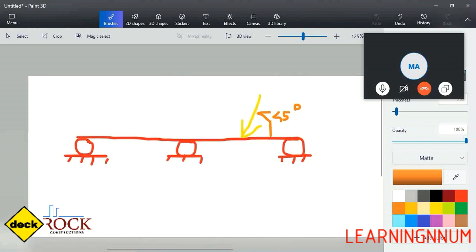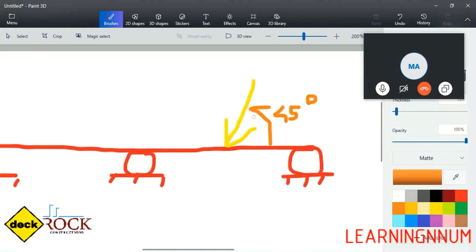Okay, so you mean because it is inclined at 45 degrees with the horizontal, if we resolve it in horizontal and vertical directions, we would get a horizontal external load as well as a vertical external load. Correct?